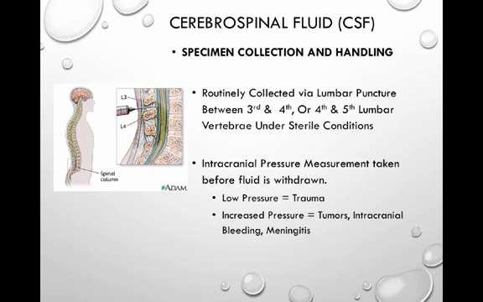A low pressure can be seen in trauma where there's been a loss of cerebrospinal fluid, and an increased pressure is diagnostic of intracranial hypertension, or too much pressure in the central nervous system. And that's present in a lot of different physiological states, including tumors or intracranial bleeding. Meningitis can also present with a high pressure.